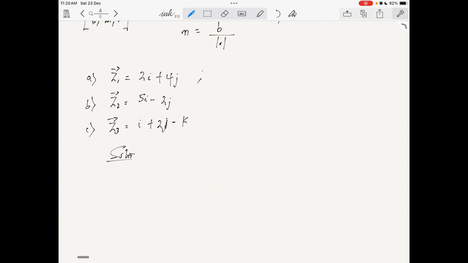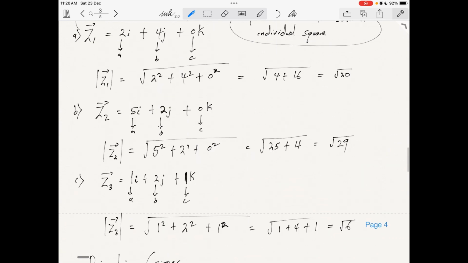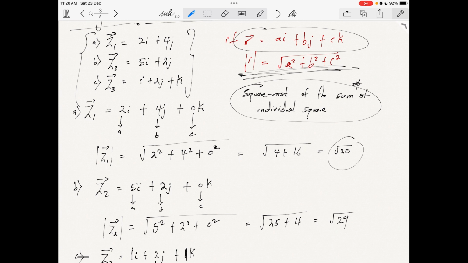Now, this z1 is equal to 2i plus 4j, and obviously we know that this is 0k. Our modulus of the vector z1 that we calculated is root 20.